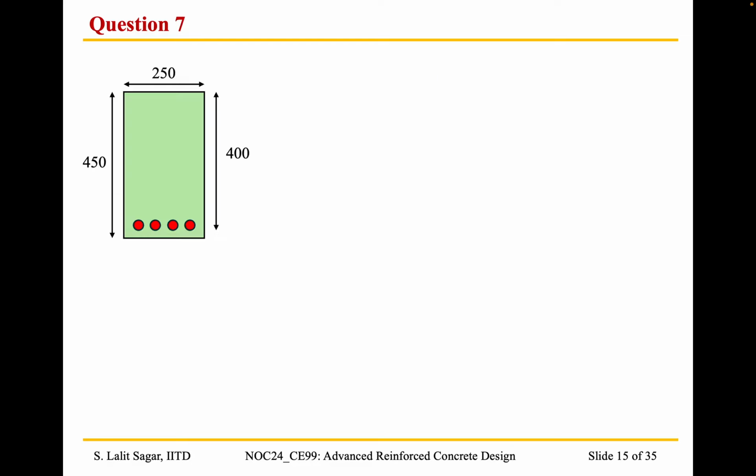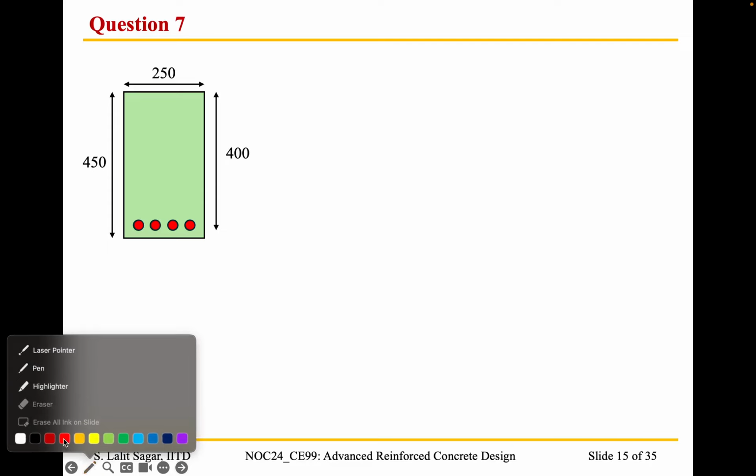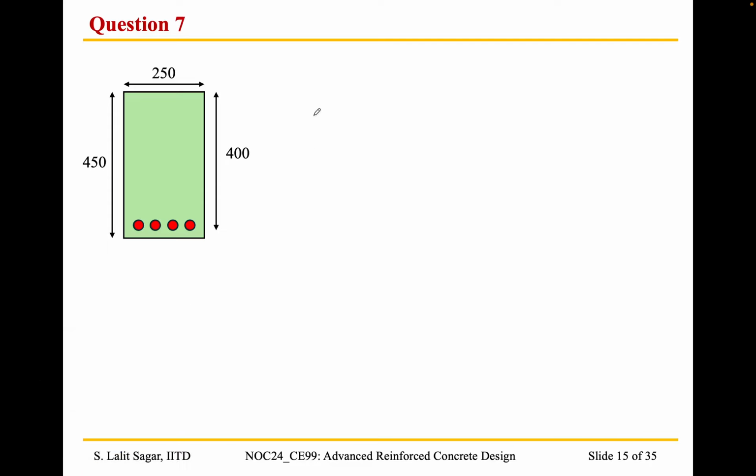Again, you have the value of epsilon c, then assume the value of x, then find out the value of epsilon t, that is strain in steel, find out the value of force in steel, that is Ts.